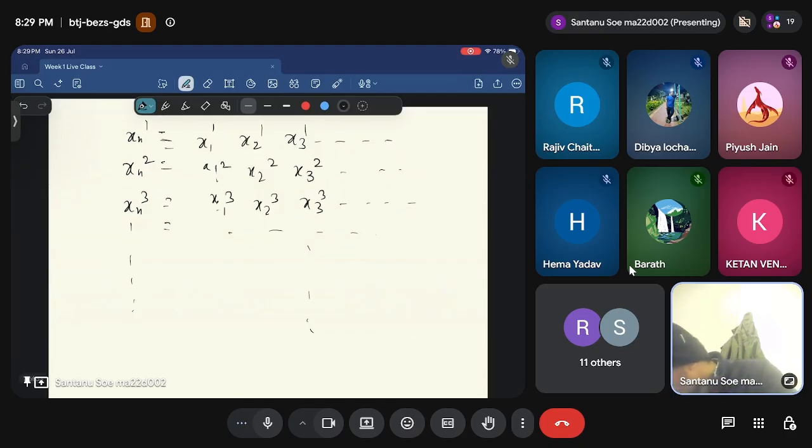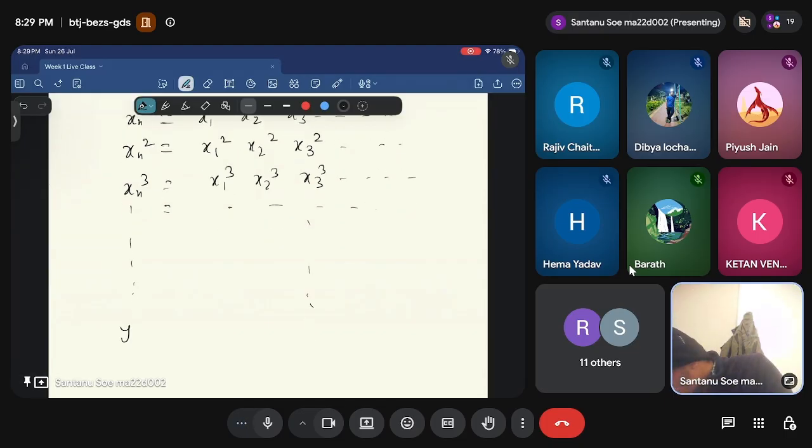So consider this sequence and take all the elements y_n(i) like this. y_n(i) will be 2 if x_i^i is 3, and 3 if x_i^i is 2.